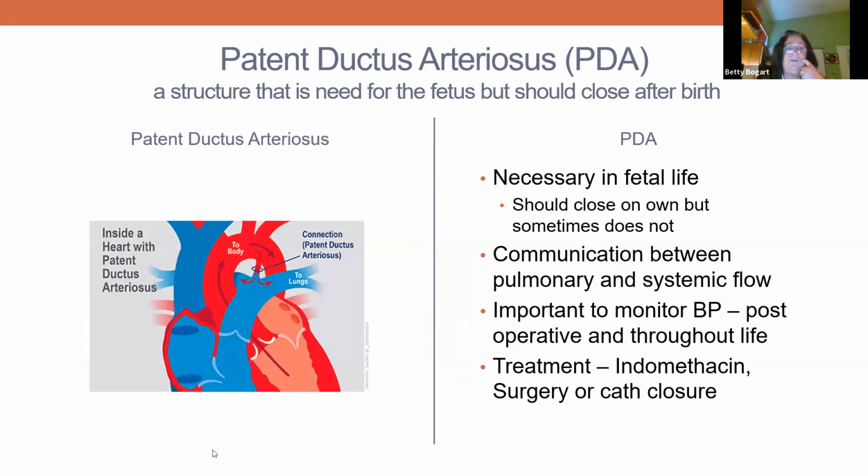Patent ductus arteriosus, another word for that is what we use for fetal circulation, right? It connects the pulmonary artery to the aorta, so to the lungs, to the body. So we know blood can flow there. Now, when we see a patent ductus arteriosus, we need to be monitoring their blood pressure. You're going to see the numbers really far apart or wide pulse pressure.